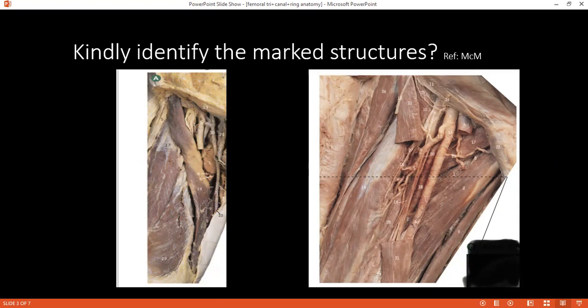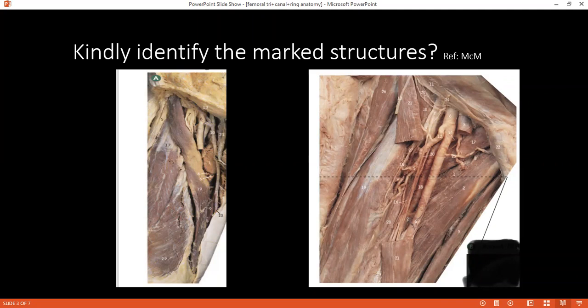Okay. Can you please tell me the boundaries of the femoral triangle? Femoral triangle, the base is bounded by the inguinal ligament, laterally by Sartorius and medially by adductor longus muscle. Okay, what are the contents of the femoral triangle?